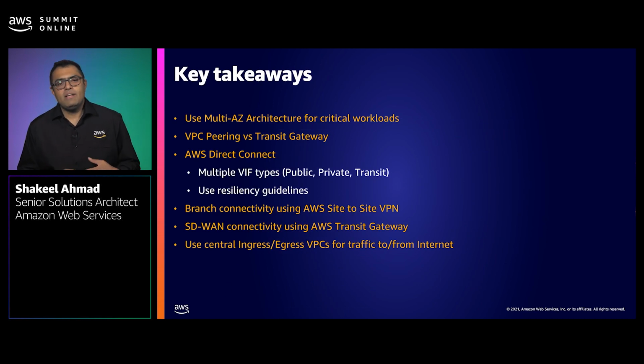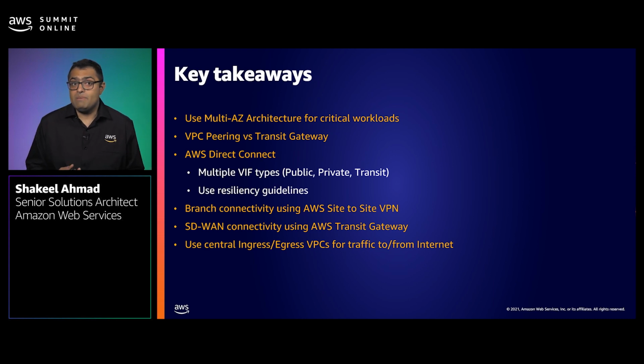Let's summarize the session. Some of the key takeaways which we've talked about today: use multi-AZ architecture for critical workloads. We talked about VPC peering versus AWS Transit Gateway and which fits what use case. We talked about AWS Direct Connect and multiple virtual interface types.